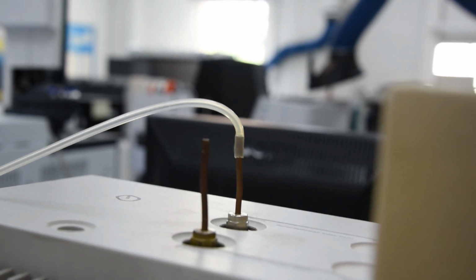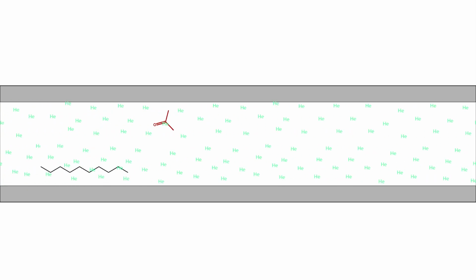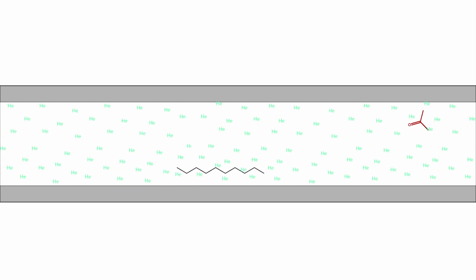Once the sample makes it to the column in the column oven, the sample may stay as a gas or condense as a liquid on the walls of the column. Low boiling point analytes, such as acetone, stay in the gas phase and are quickly eluted from the column. Analytes with higher boiling points, such as decane, interact with the stationary phase as liquids and are retained, making them take longer to elute.